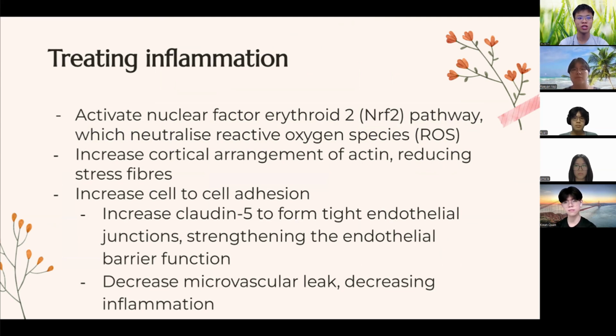This will allow us to increase the cortical arrangement of actin, reducing stress fibers. There is also an increase in cell-to-cell adhesion due to the increase in claudin 5 to form tight endothelial junctions, strengthening the endothelial barrier function. This will overall lead to a decrease in microvascular leak, allowing for decreased inflammation.